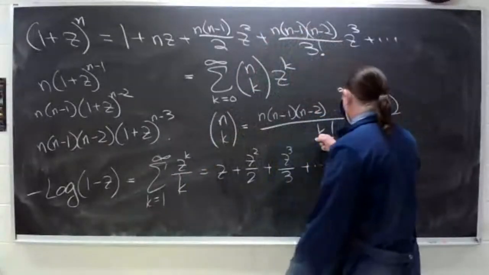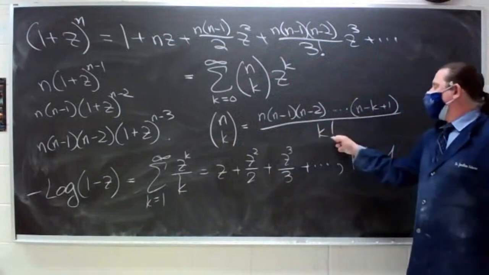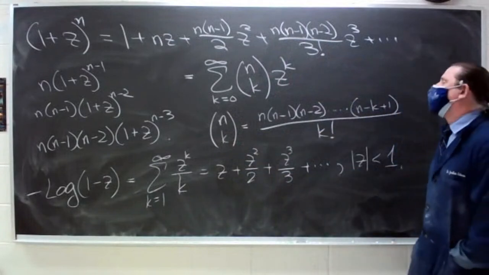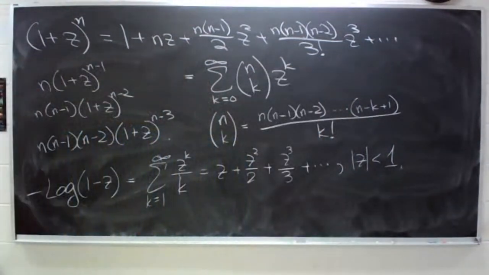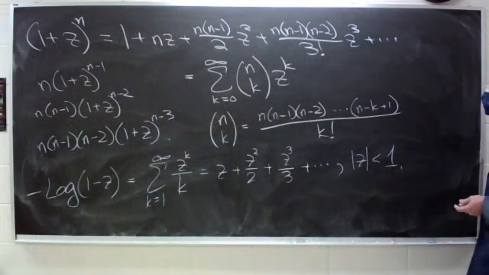The denominator of the fraction is always the bottom number factorial.